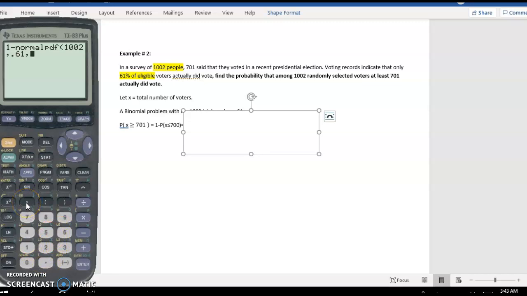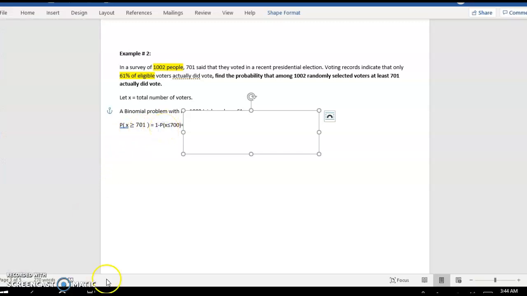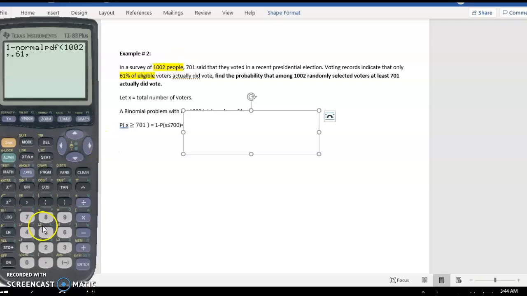As we're finding the complement, the complement of greater than or equal to 701 is 1 minus the probability of x less than or equal to 700. So let me punch it in: 700 for the last portion of the parameter.